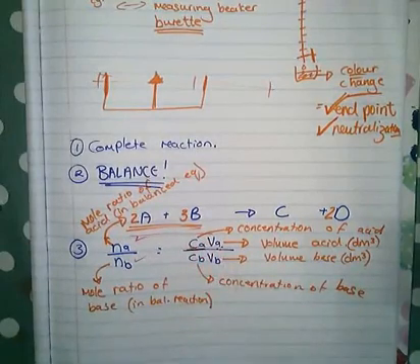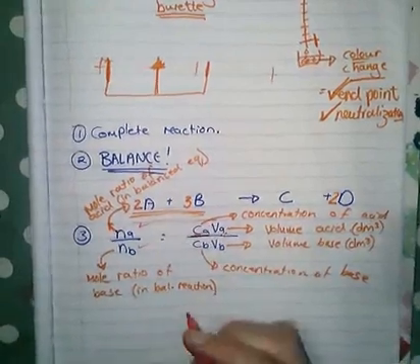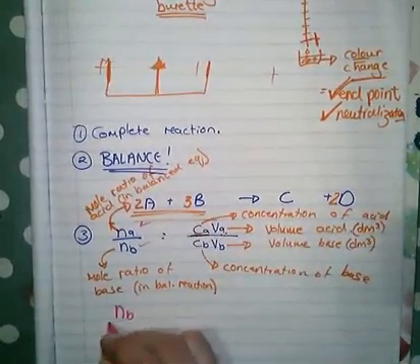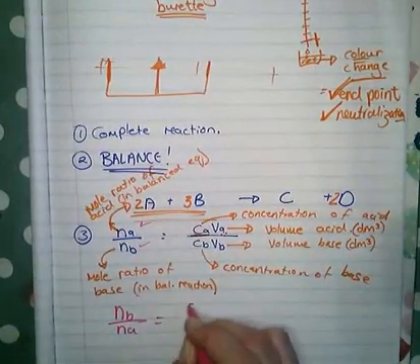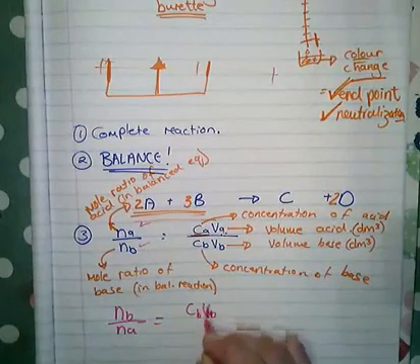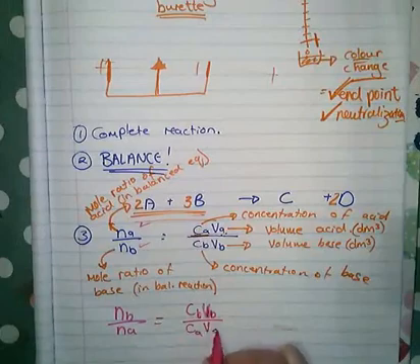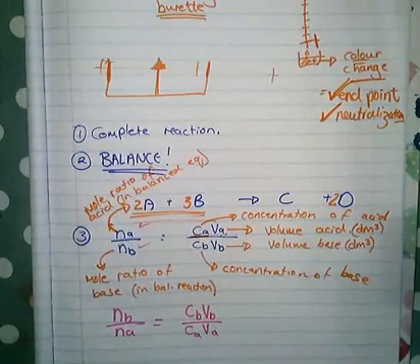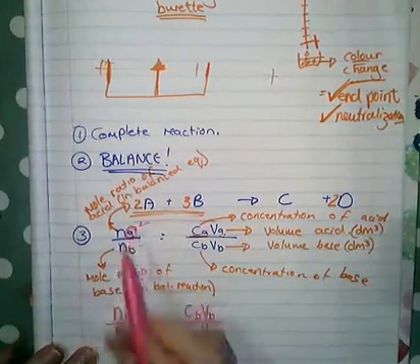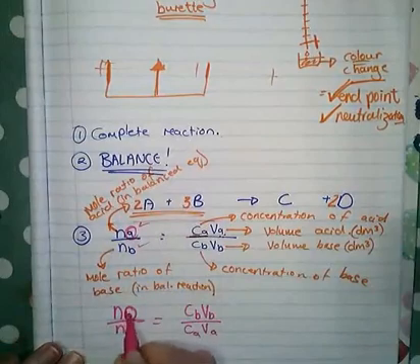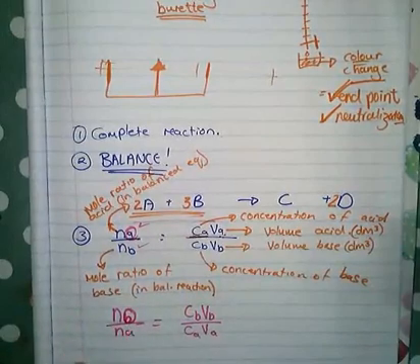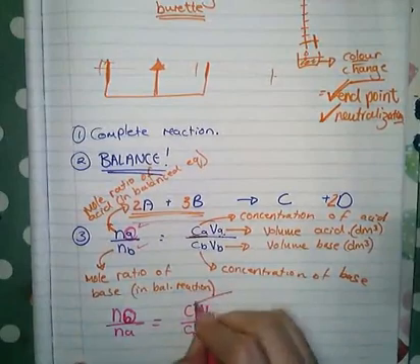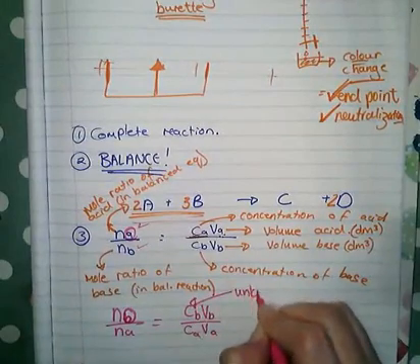So you put the one at the top that's unknown. Okay, so if it's the base that's unknown, you put the base at the top for the whole equation. If the acid is unknown, then for the whole equation, you put the acid at the top. That just makes the whole maths easier.